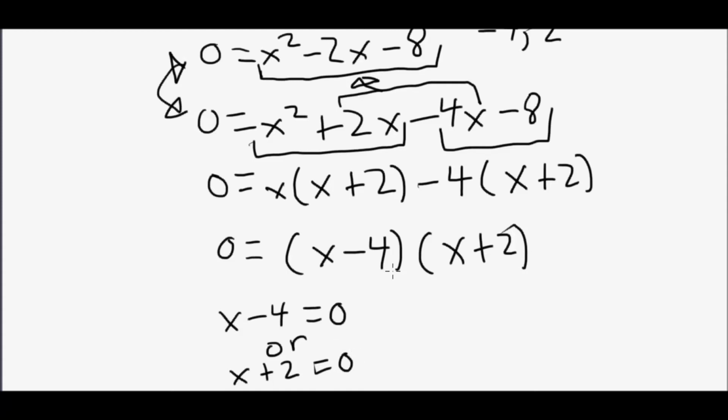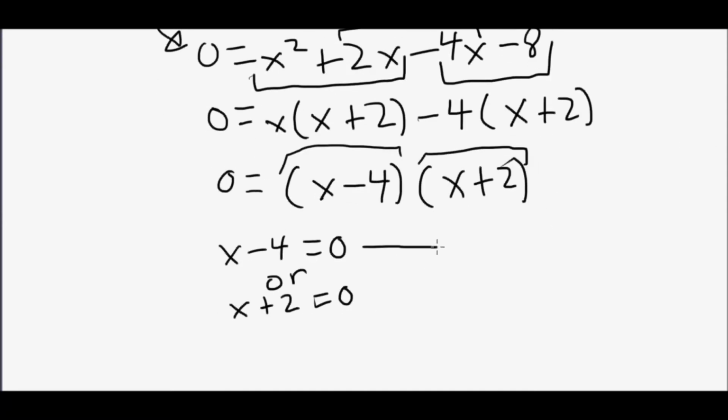Why is this? Because we're multiplying two numbers together, and whenever you multiply one number by 0, it automatically becomes 0. So either of these brackets is gonna have to equal 0, and we can solve it like this.